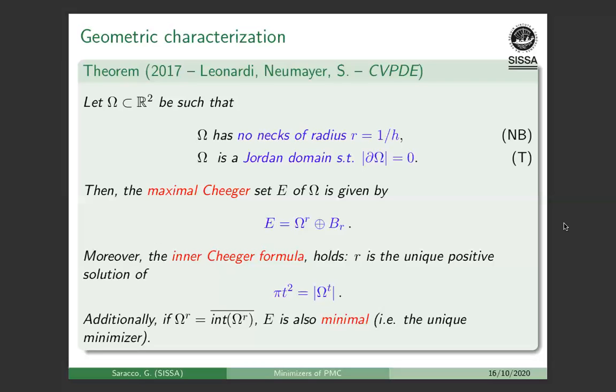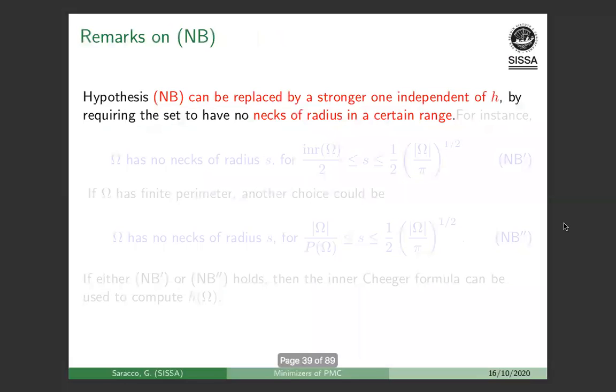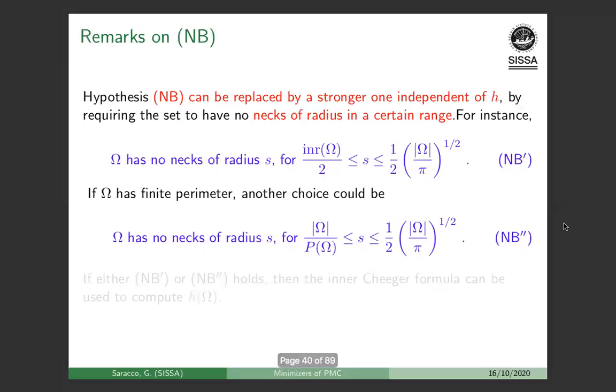Now, you can't really solve the equation because as a hypothesis, you need a priori to know the value of the Cheeger constant. Now, you can actually weaken this hypothesis, making it independent from h in the following way. You require the set omega to have non-empty inner parallel set in a certain range in which, for some reason, you know that the inverse of the Cheeger constant must fall within. You can always provide upper and lower bounds to the constant, one, for instance, with the isoperimetric inequality, and the other bound by using any competitor inside omega, say omega itself, or say the biggest ball you can fit in omega.